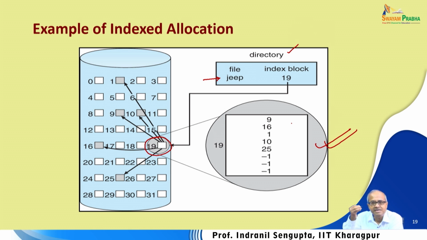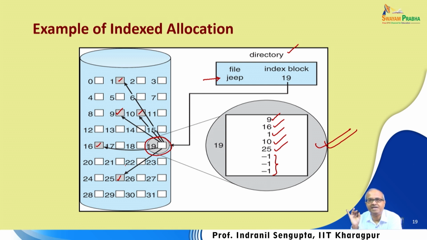It contains the sequence of block numbers in that file: 9, 16, 1, 10, 25, and minus 1 means not there, those are invalid. So, there are 5 blocks. The first block is 9, second block is 16, third block is 1, fourth block is 10 and fifth block is 25.